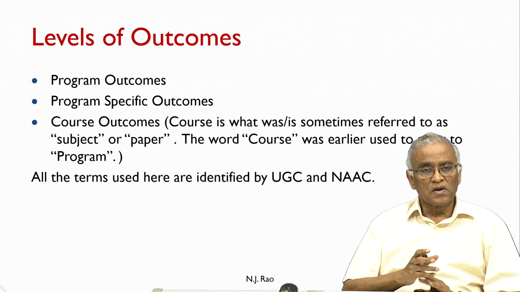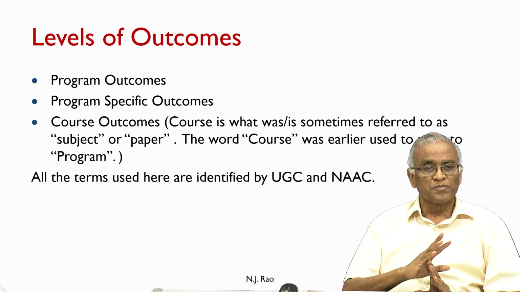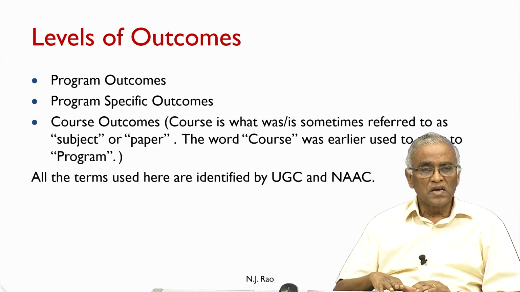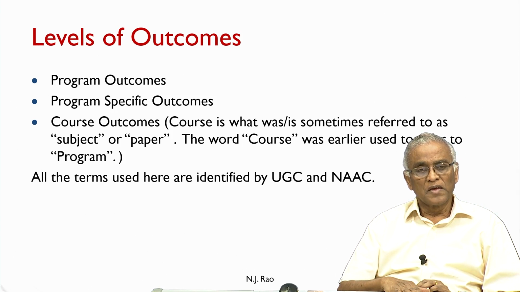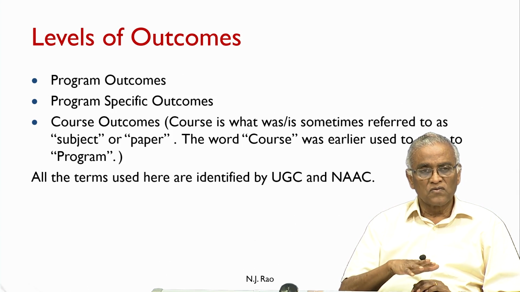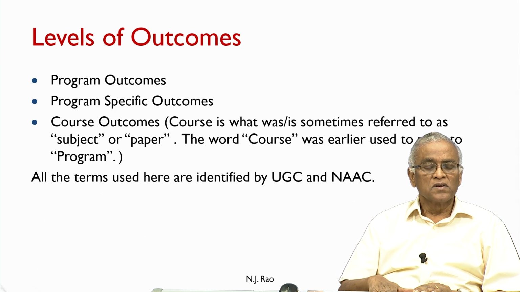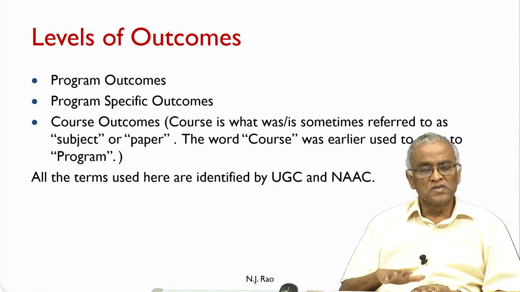Earlier this word course was used to represent a program. Even today many colleges, when they say course, it is actually program. But now these words we are using are officially identified by both UGC and NAC. So we urge all faculty in all institutions to use these words.